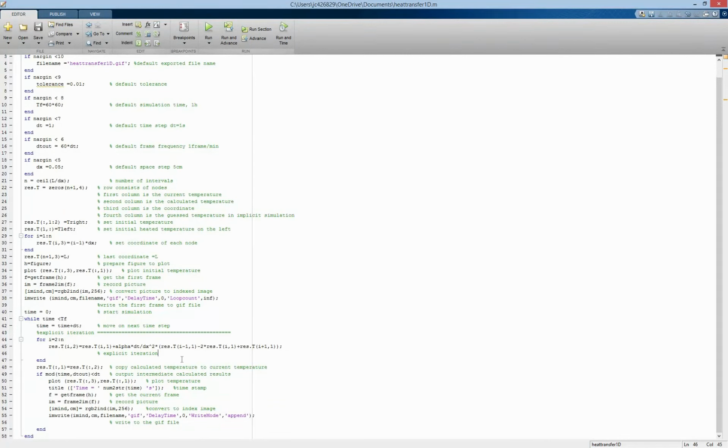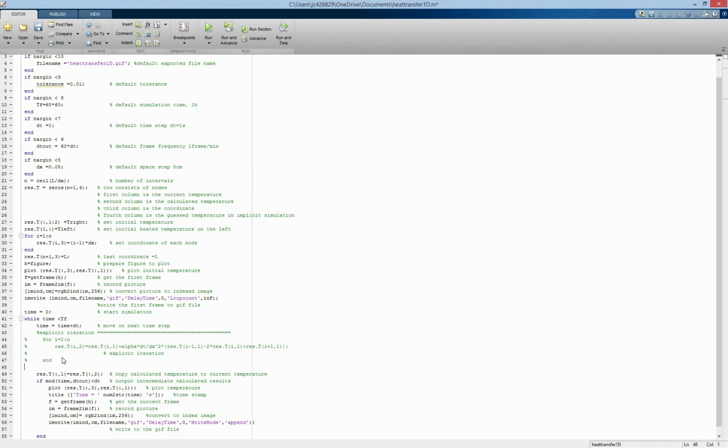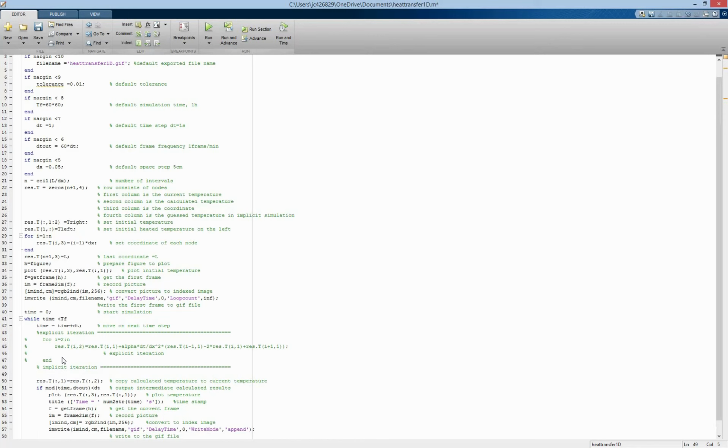Now we try to do the implicit iteration. So I comment out all of the explicit iteration. To get the implicit iteration, I must get the difference smaller than a tolerance, which is 0.01 by default.